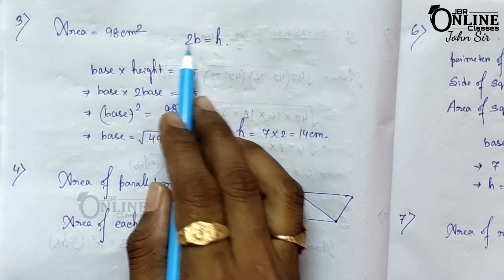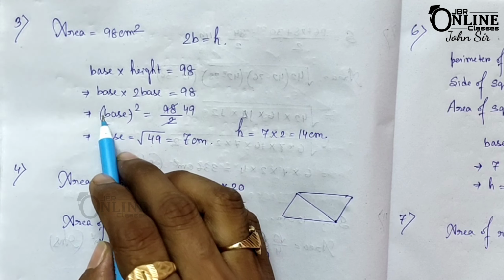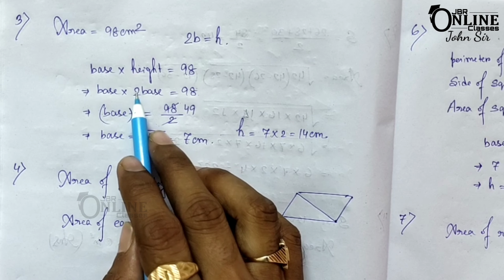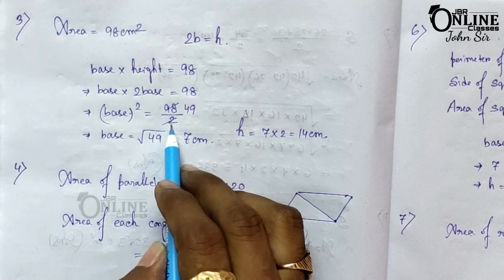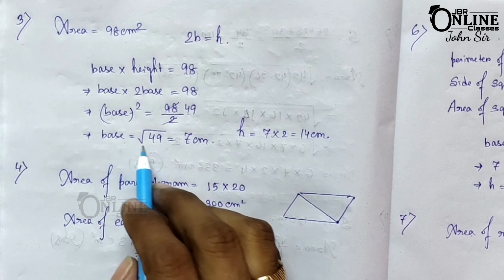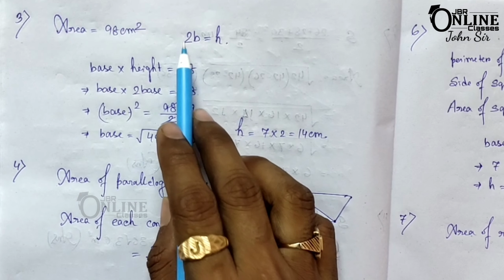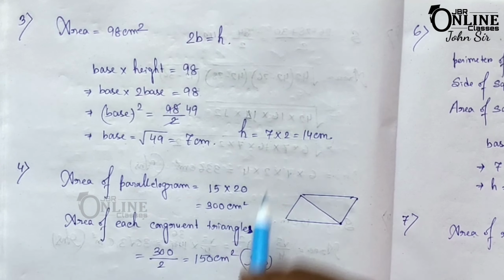As height equals 2 into base, write here 2 base. Now base into base is base square, and the 2 goes from left to right. As it is multiply on the left, on the right hand side it will be divide. So 98 by 2 equals 49. Now base equals root 49, that equals 7. So height equals 2 into 7, that means 14 centimeter.